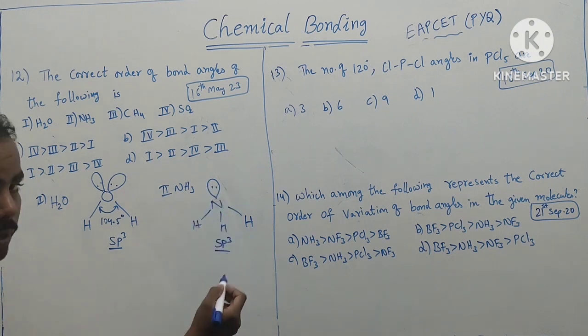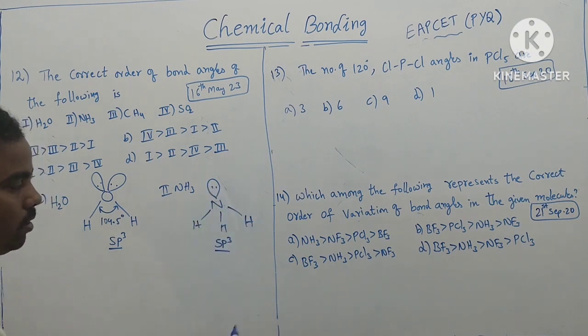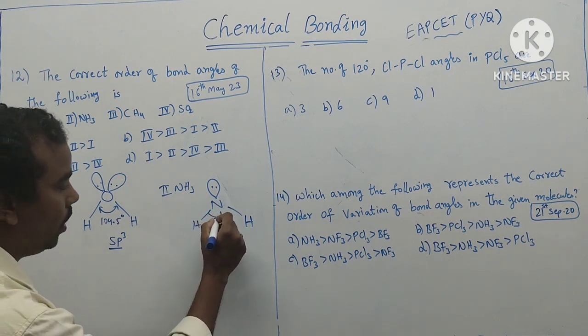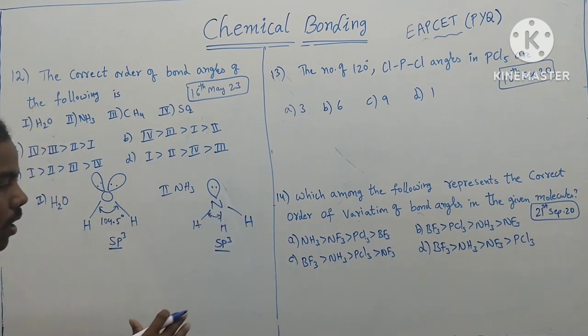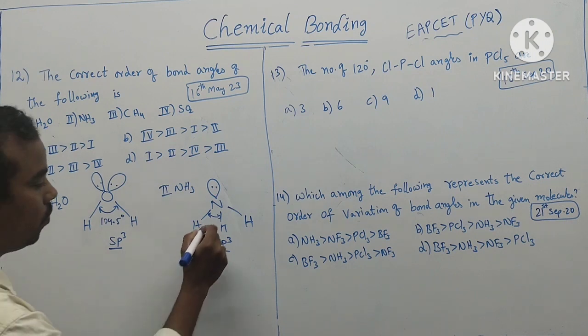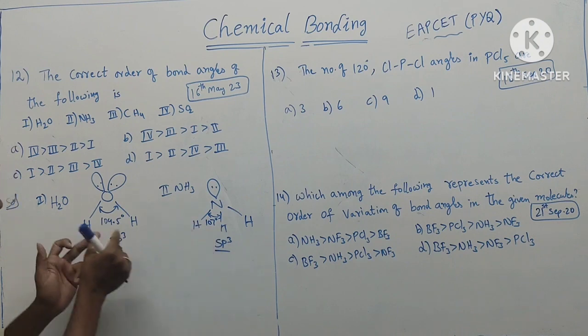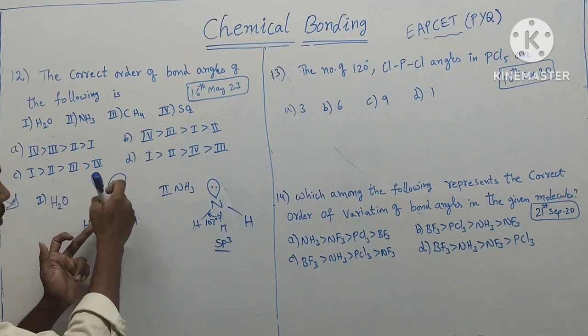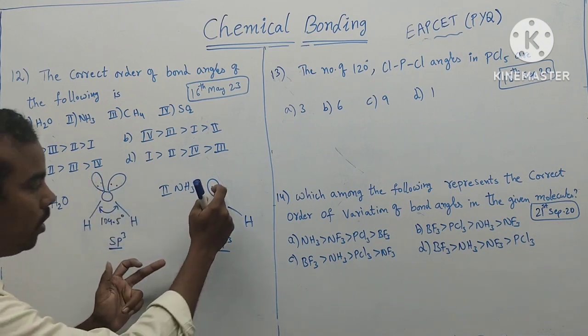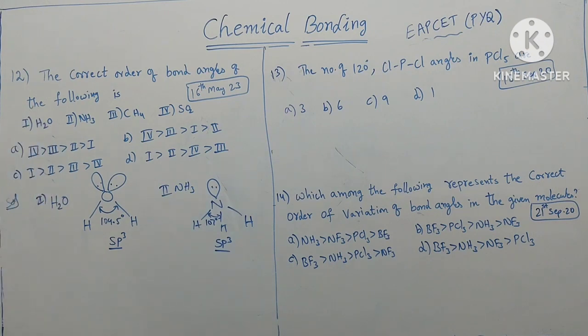Due to the presence of the lone pair, lone pair bond pair repulsions are more than bond pair repulsions, so the bond angle decreases from 109 degrees 28 minutes to 107 degrees. Compared to H2O, this bond angle decrease is much less, because here only lone pair bond pair repulsions are there. So the second one, NH3, is completed.